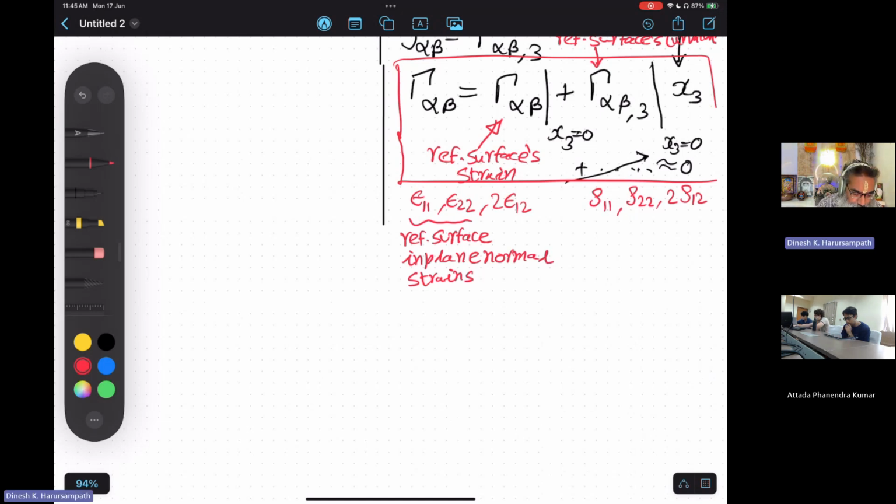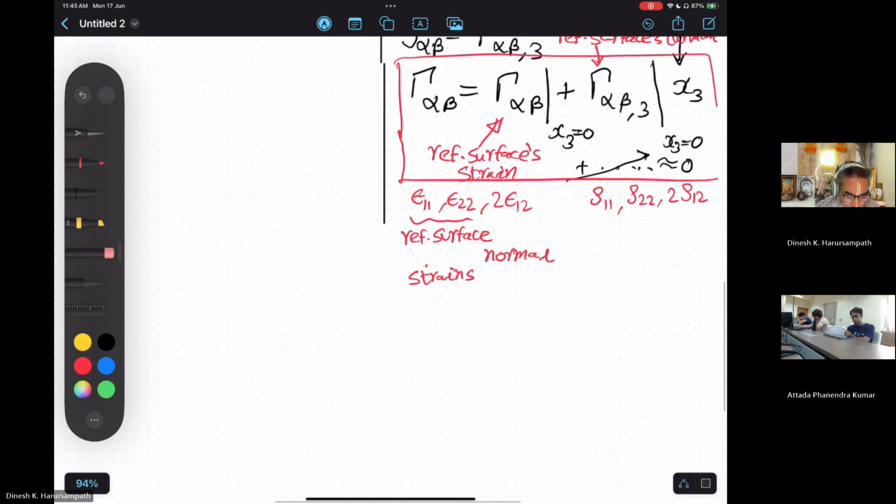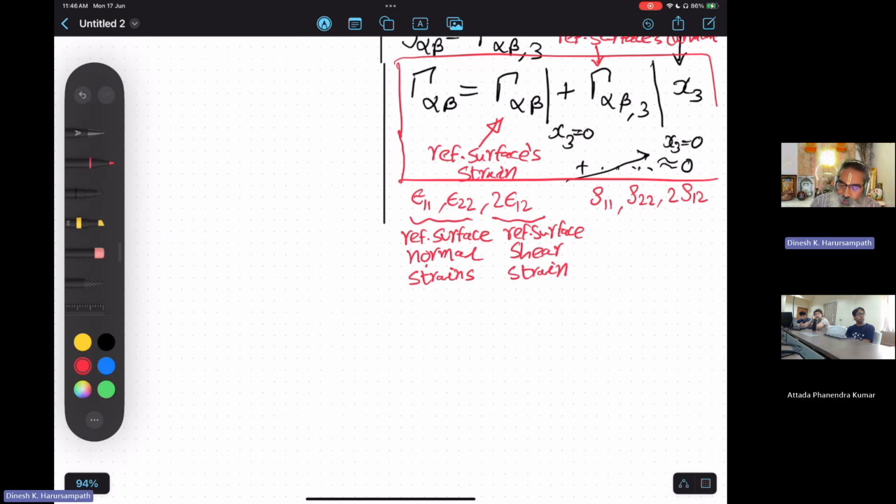It's not necessary to call this in plane. So essentially, these are the reference surface normal strains, while this is the reference surface shear strain. So it's within the surface that we are essentially talking about.